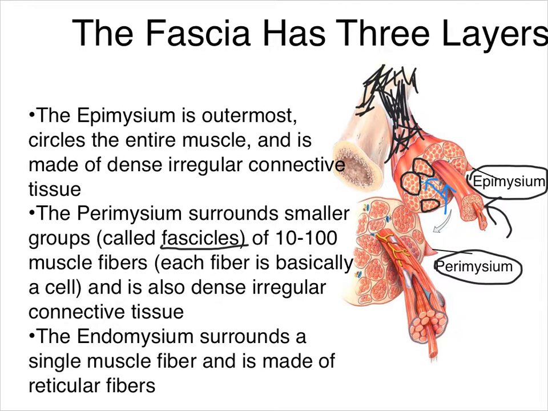And those are going to supply nutrients and blood and electrical impulses to the fascicles and the muscle fibers. The perimysium, which covers one fascicle, is also made of dense irregular connective tissue.